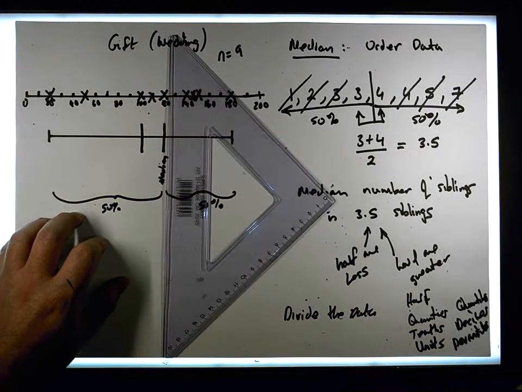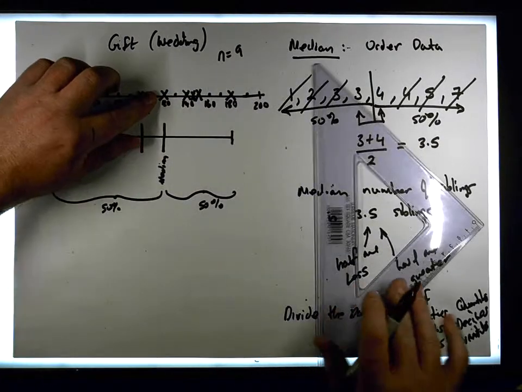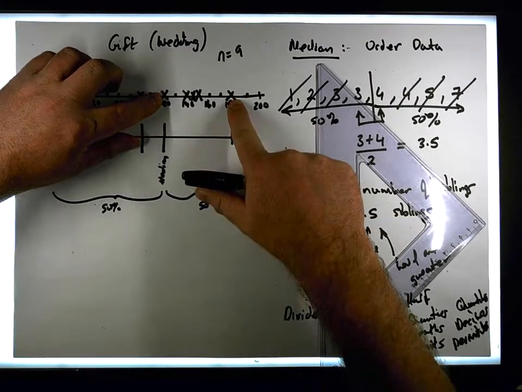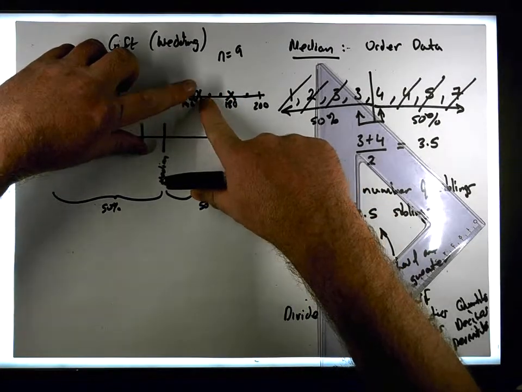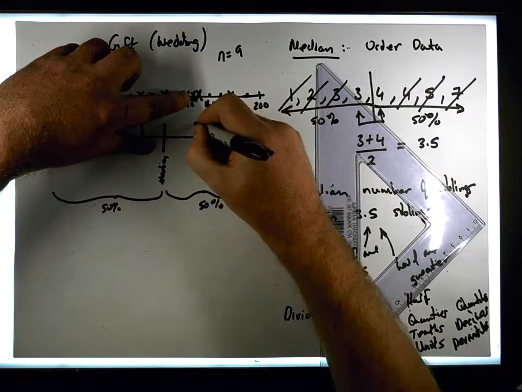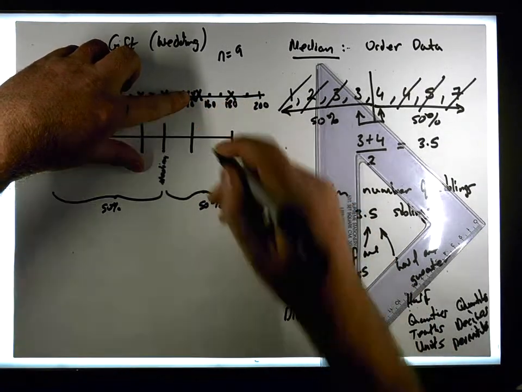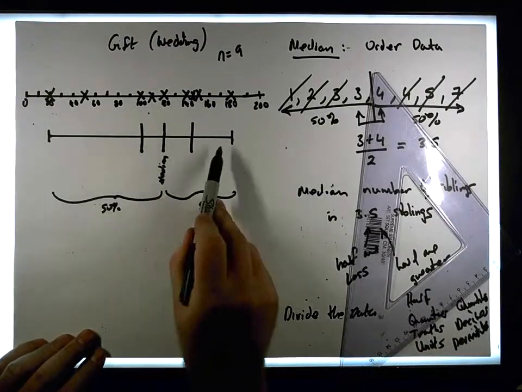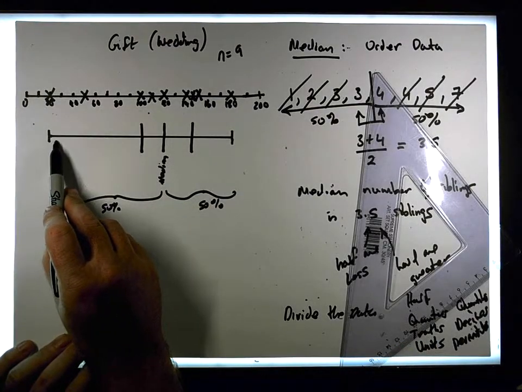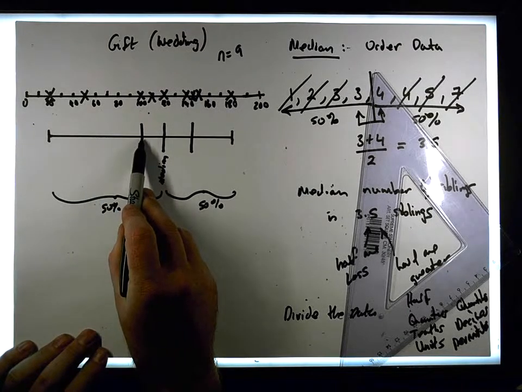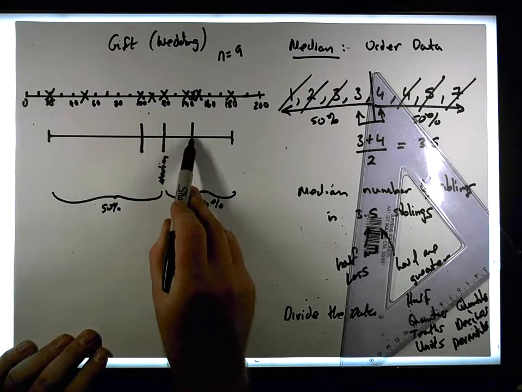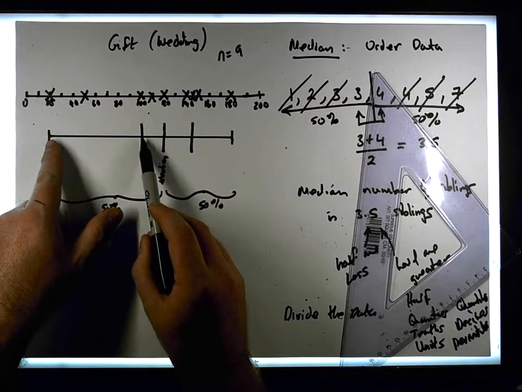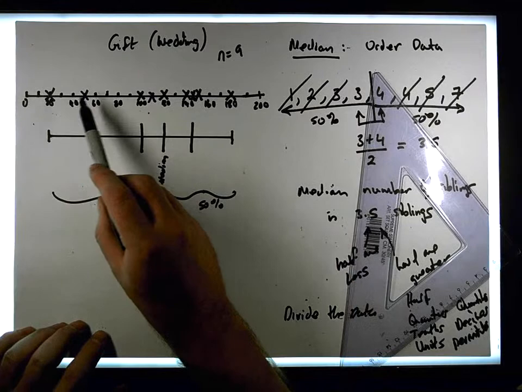Then I'm going to look at the data set from the median above, and take the smallest with the largest, the smallest with the largest, and then the next in between, which gives me a value in between here. So effectively I've divided the line up into quarters. I have a quarter here, a quarter here, a quarter here, and a quarter here. Well, I haven't divided it into quarters based off distance. I've divided it into quarters based off the number of observations.